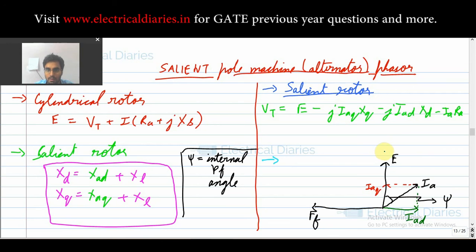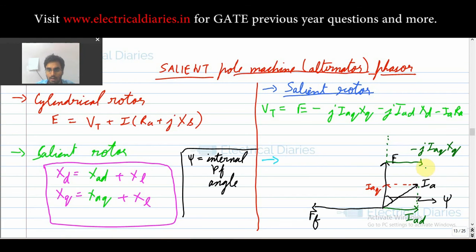Your IAQ is in this direction, and now you have to subtract, so you will move in the clockwise direction. Because it is a reactance and you have multiplied with minus j, you are moving in the clockwise direction by 90 degrees. So it will be in this fashion. It will be your minus jIAQ XQ.